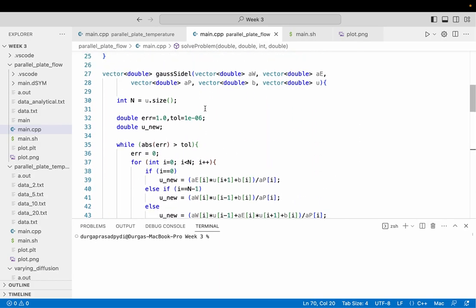So now for the Gauss-Seidel, again you have to define your tolerance. The only difference between direct and iterative methods is that in a direct method the problem is solved to the level of machine precision. I do not know if you're aware of this machine precision term.